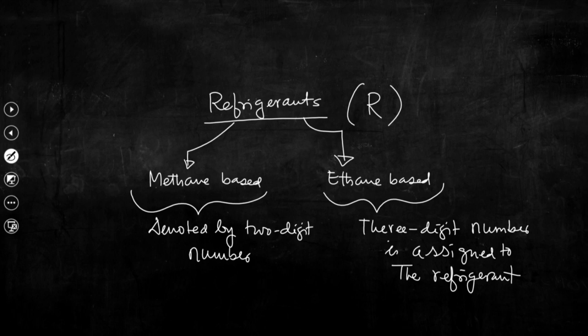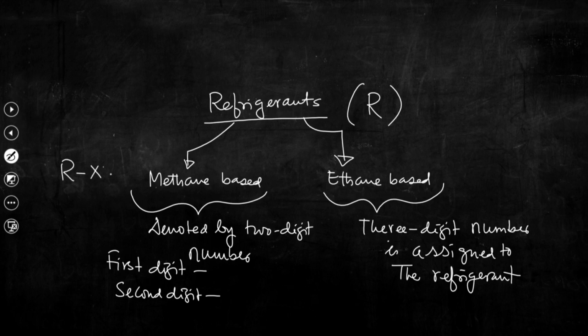So, for the methane based, first digit and second digit. What is the physical significance of first digit and second digit? Say R XX for methane based, ethane based R YYY, 3 digit number.